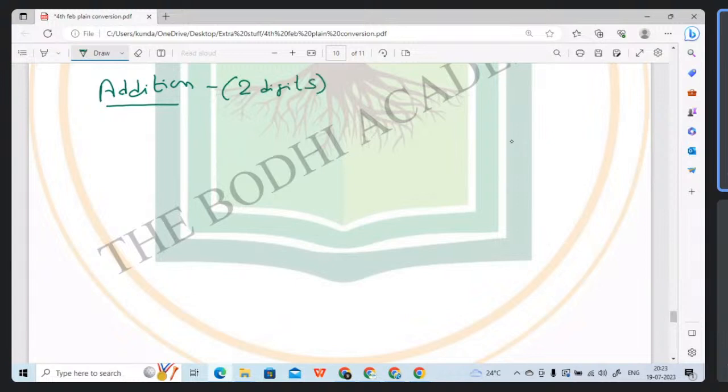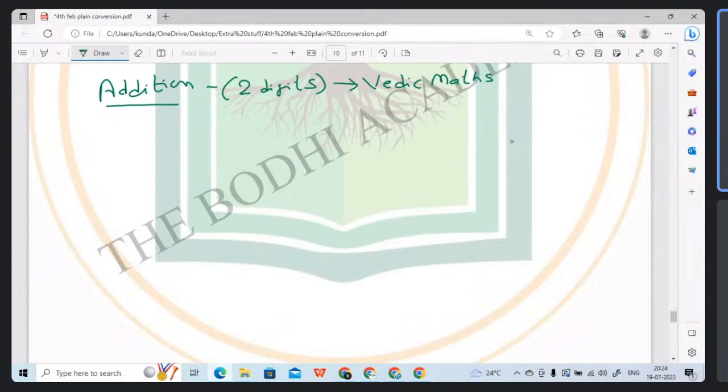Addition of 2 digits. For this, you can take help of many Vedic maths techniques which are available on YouTube also, to learn or to study addition and allied different topics. But 2-digit addition, from here your journey starts for fast calculation.